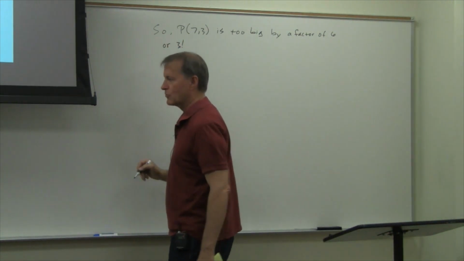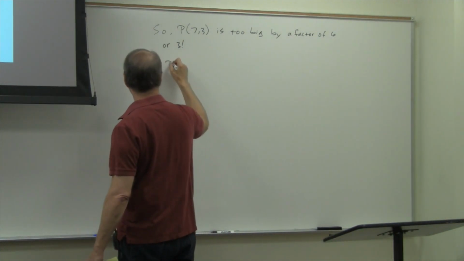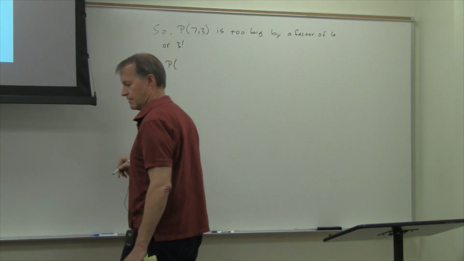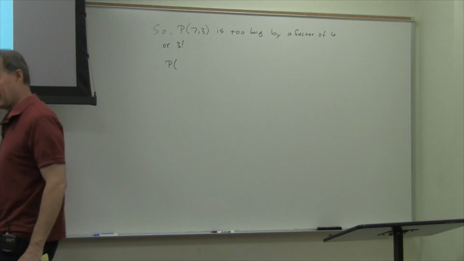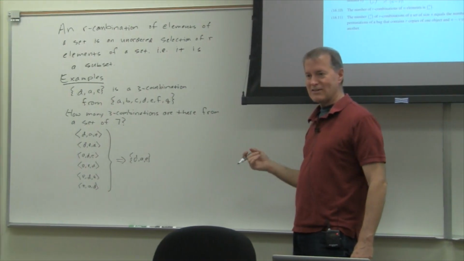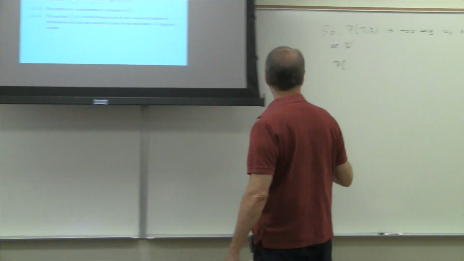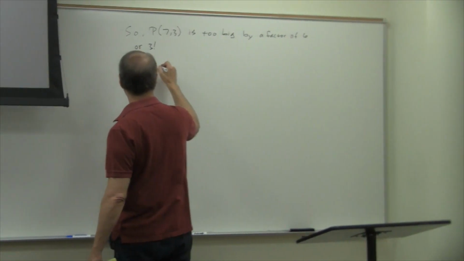So what do we have to do with P(7,3)? Isn't it 6 for every combination we choose? Yes, and that's why it's a factor. That's why we don't just subtract, we divide. You see what I'm saying? P(7,3) over 3 factorial.